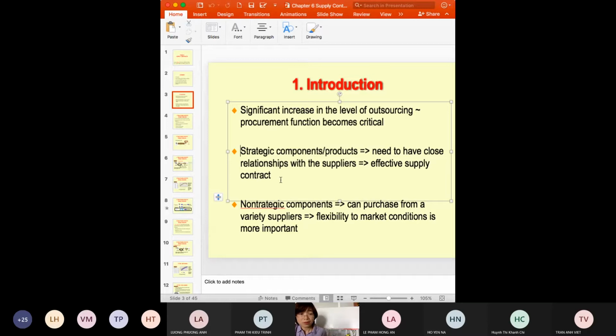So what is the strategic component? A strategic component is where the supplier and the buyer have a close relationship, so we have an effective supplier. For a non-strategic component, we can purchase from various suppliers, so flexibility to market conditions is more important.